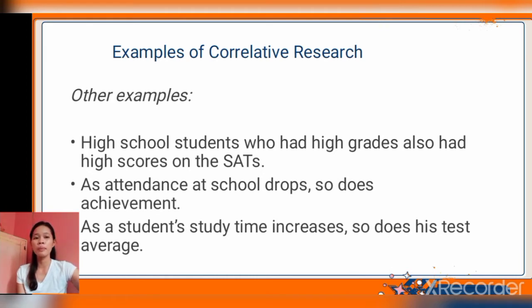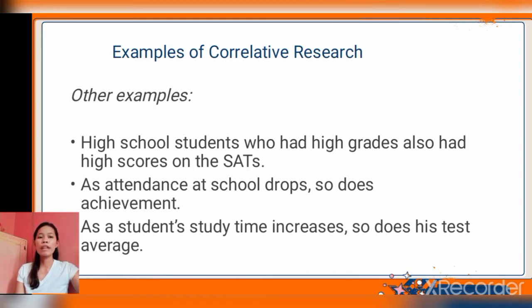Attendance at school drops and achievement also drops. Then third, as a student's study time increases, so does his test average. So here both variables are increasing, the study time and the test average.